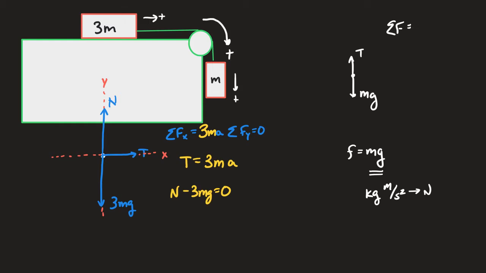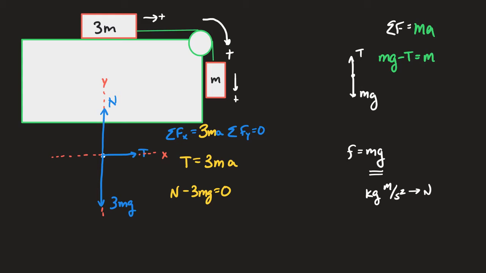Over here, net force now equals ma. This one's just m, so I don't have to worry about 3m or 2m or anything like that. It's just m. I'm going to make downwards positive. So net force is going to be mg minus tension equals ma. Now, just so you know, the tension had to be reduced here. A lot of students will get this wrong, but I want you to understand the tension had to be reduced.